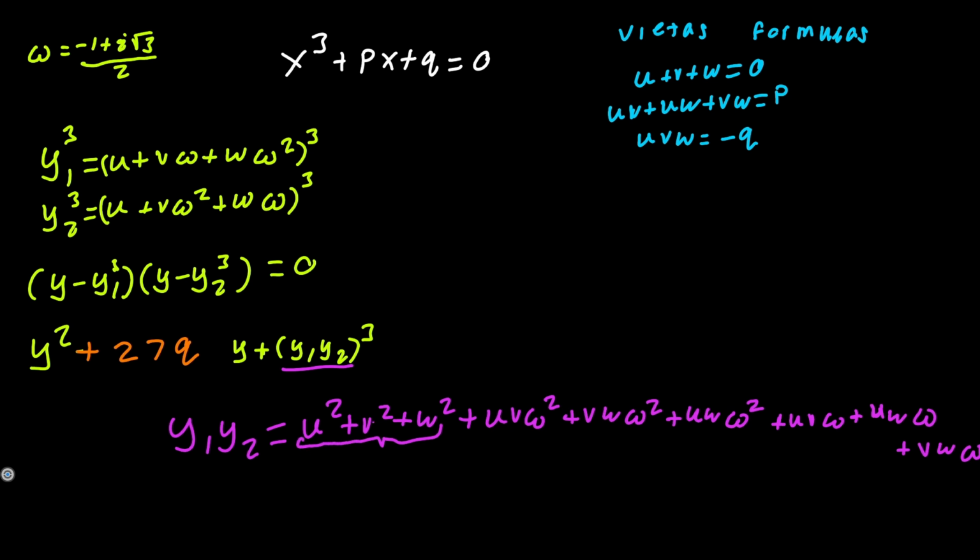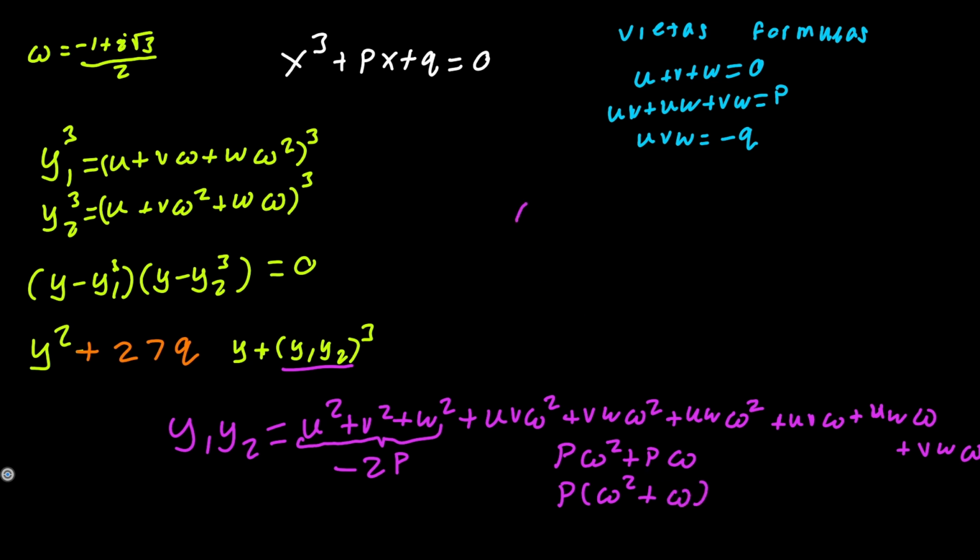This u squared plus v squared plus w squared is just going to give us negative 2p. And the right-hand side, uv omega squared plus vw omega squared plus uw omega squared will simply give us p omega squared plus p omega. We can factor out a p, so you get p times omega squared plus omega.